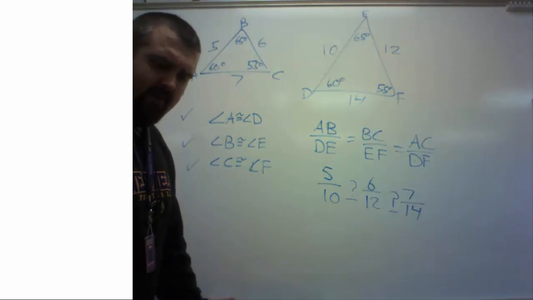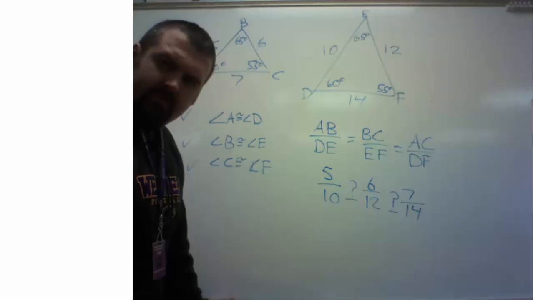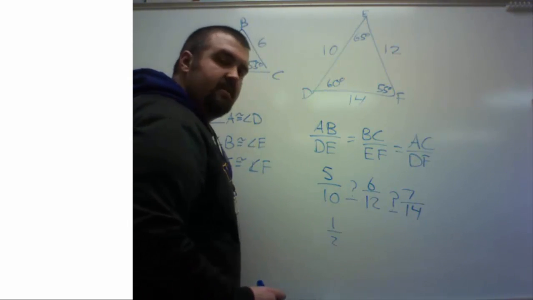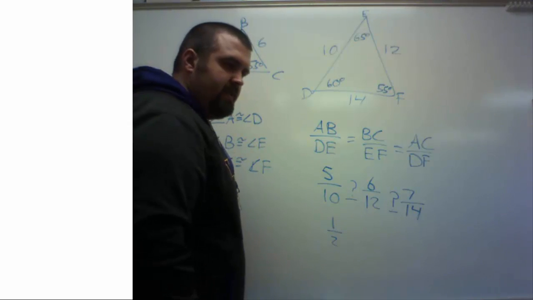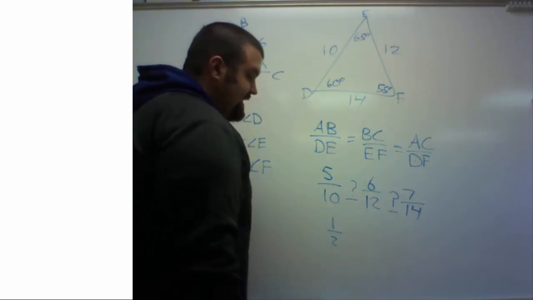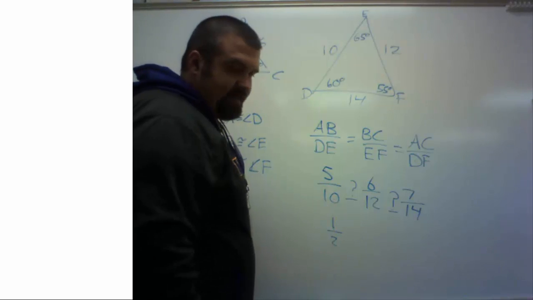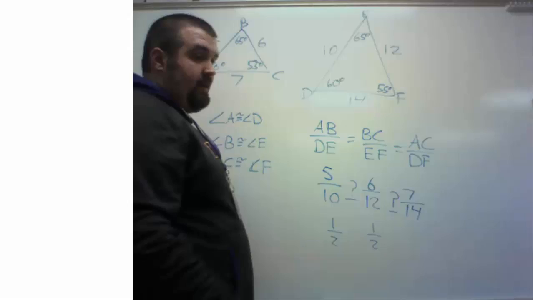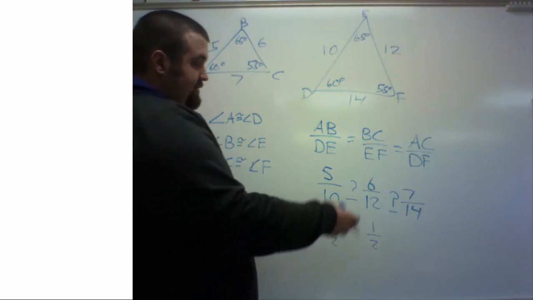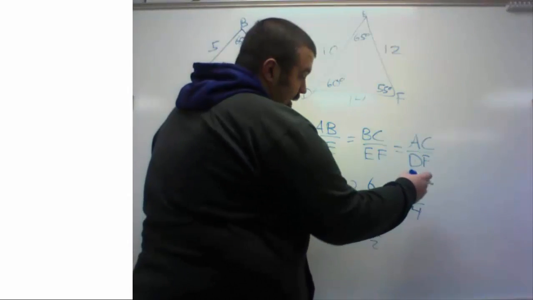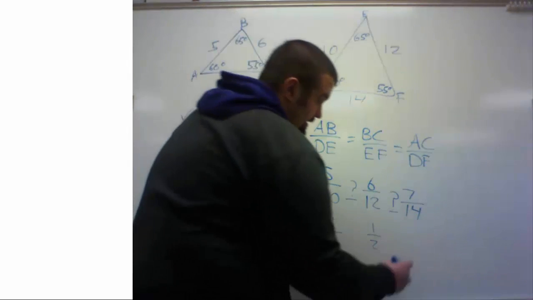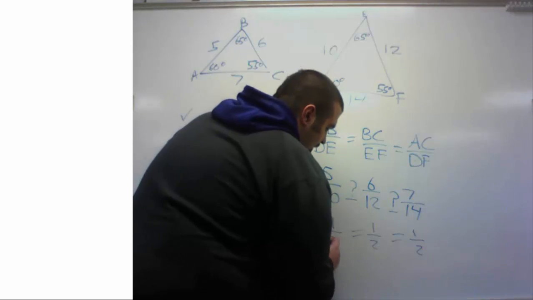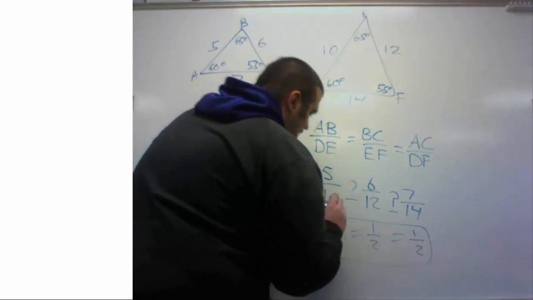Well, 5 over 10, both are divisible by 5, so I get 1/2. 6 to 12, well, I want to get 1 on the top, so let's try dividing the top and bottom by 6. Well, I get 1 to 2. Last one, I'm trying to get 1 on top, so I'm going to divide top and bottom by 7. 1 to 2. They do in fact equal. This was the last check.